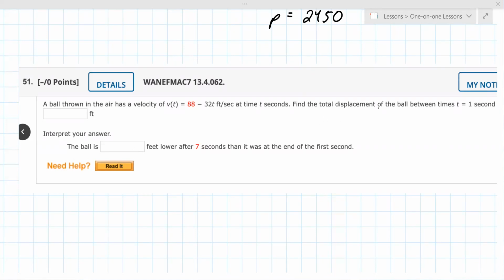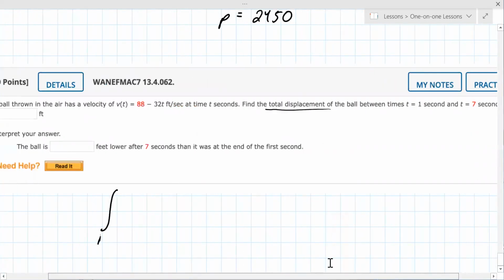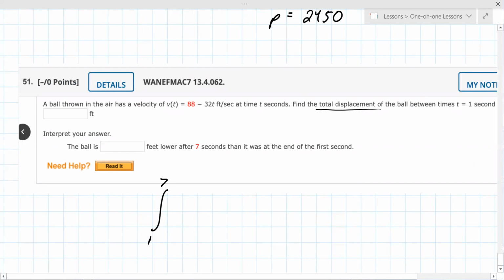Find the total displacement of the ball between 1 and 7 seconds. I believe total displacement is the integral from 1 to 7. Is it 7? Sorry, I can't find it. Yeah, I got it, it was cut off on my screen. 88 minus 32t.